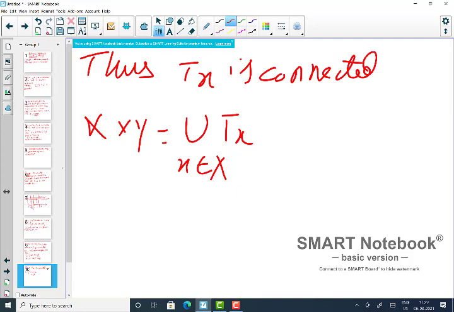Again, this is a union of connected spaces. Now if I show that every T_x has a common point, then we are done. What is the common point that every T_x has?